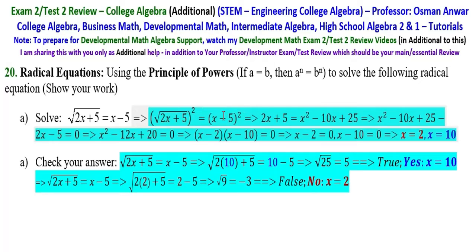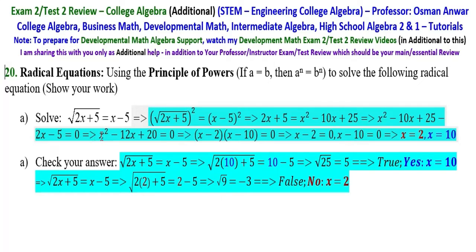So this comes out of the radical. This is 2x plus 5. And this is x squared minus 10x plus 25. So that means this is x squared minus 10x plus 25 minus 2x minus 5 equals 0.